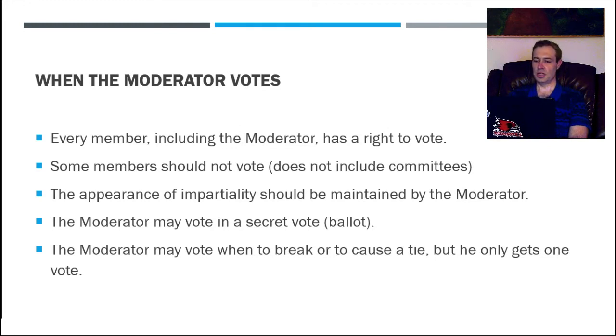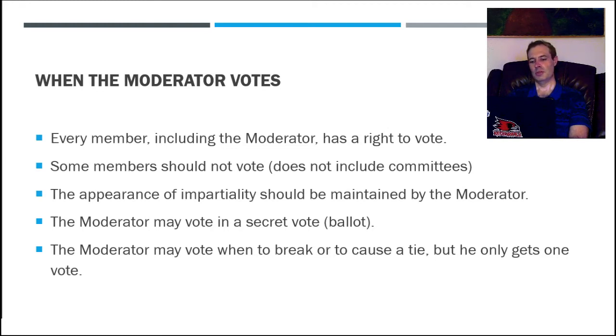So it's not just to break a tie, but he can also vote to cause a tie. But he only gets one vote. It's not a case where he votes and then when there's a tie, he gets to vote again. People seem to think that's the case, and that's not true. He gets one vote, which he normally would not cast, but if it comes down to an even split, then he may cast his vote if he wants to.